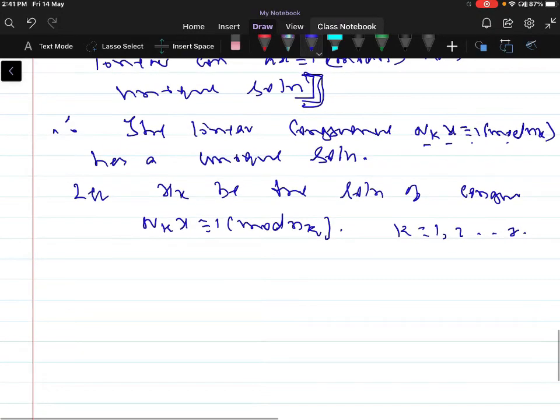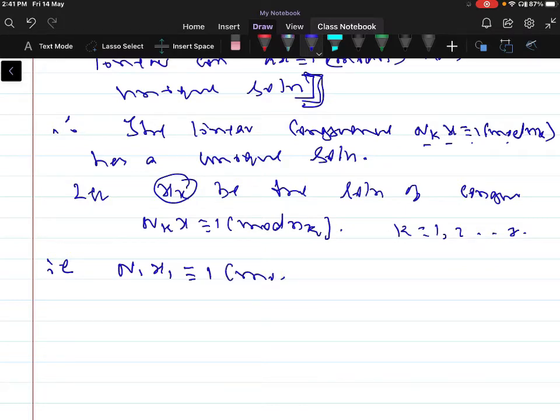So that is, we can write for k is equal to 1, capital N1 into x1, where x1 is the solution of the linear congruence capital N1 into x1 is congruent to 1 modulo n1.